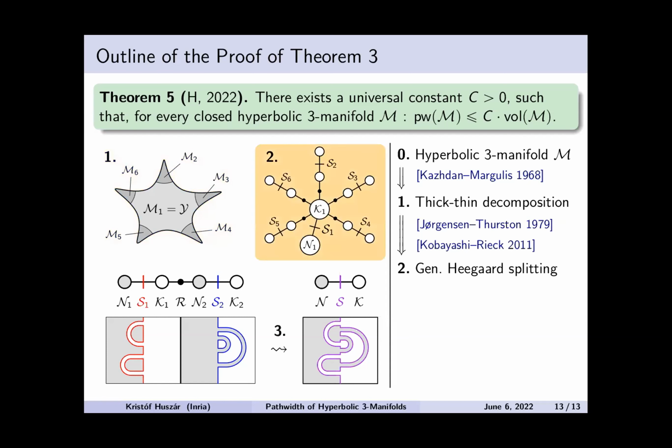However, by work of Jorgensen and Thurston and Kobayashi and Rieck, it can be triangulated in a controlled manner.